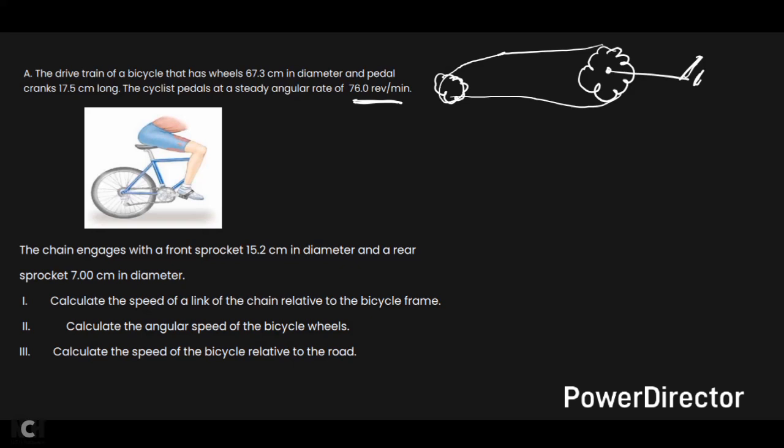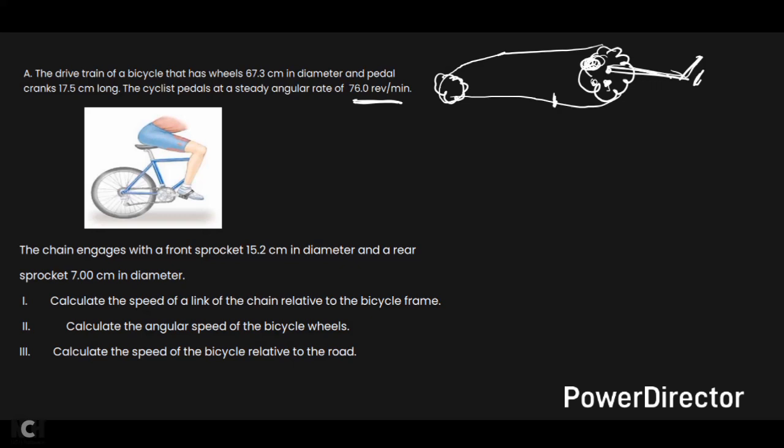So this front sprocket, which is this part, is connected to the pedal crank, in short. So this pedal crank, as it is moving, it moves the front sprocket, right? Then this front sprocket is the one that moves the chain, right? So meaning that if we have the radius of the front sprocket, we can calculate the speed at which the chain was moving.